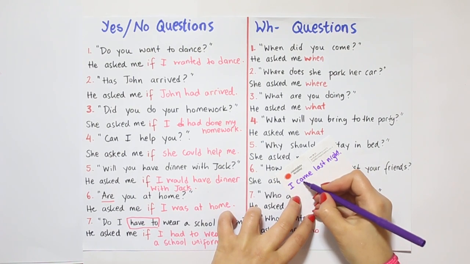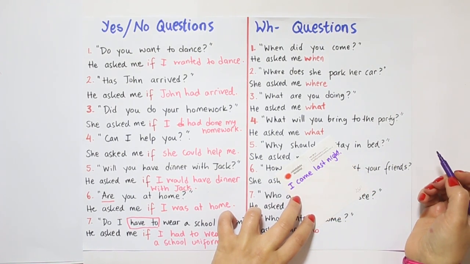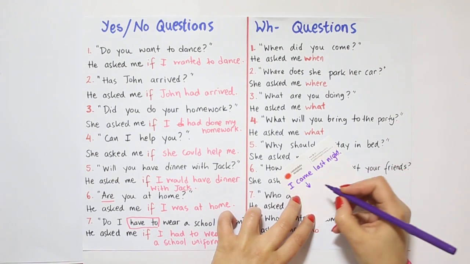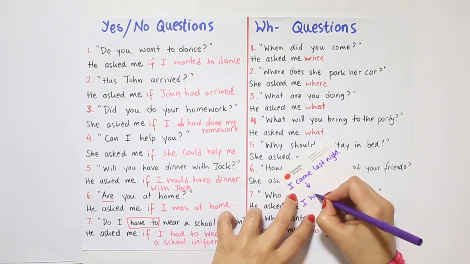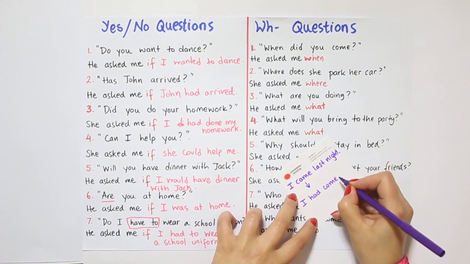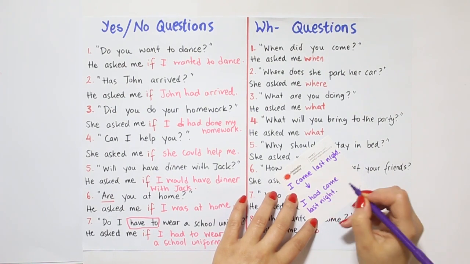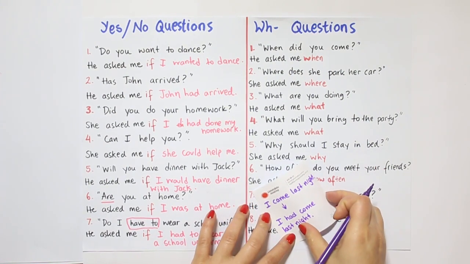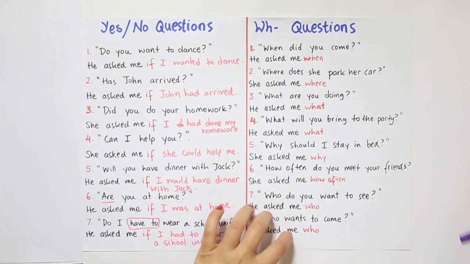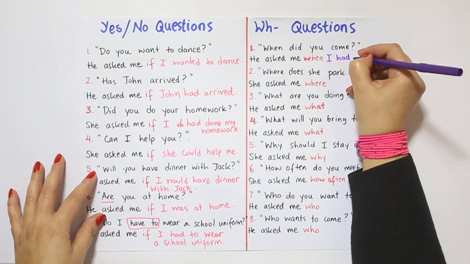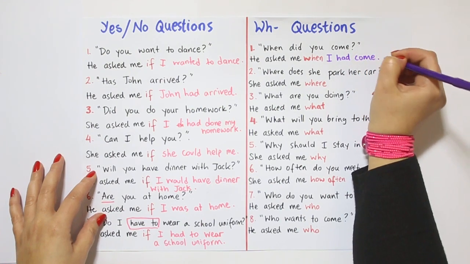So that's a positive sentence, right? And past tense becomes past perfect. So we're going to say, I had come last night. Let's have a look at this then. When did you come? He asked me when I had come.